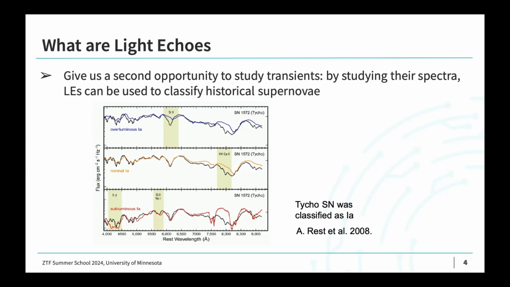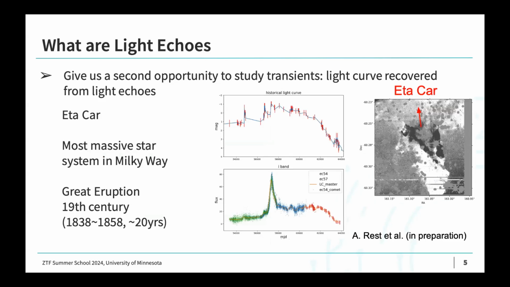By comparing the spectra of the light echoes with a supernova template, we can verify that Tycho supernova is a Type Ia. And with light echoes we can also construct the light curves of transients, such as these images of echoes of Eta Carinae. Eta Carinae had great eruptions in the 19th century, lasting about 20 years, but we didn't observe them with modern telescopes.